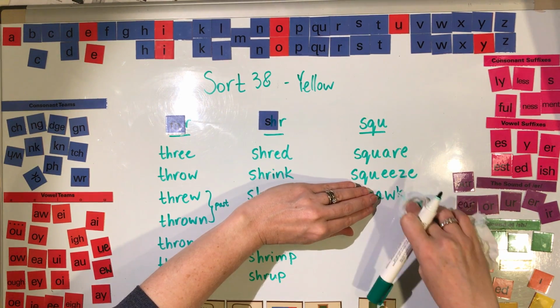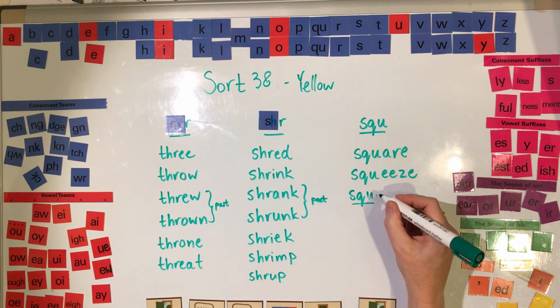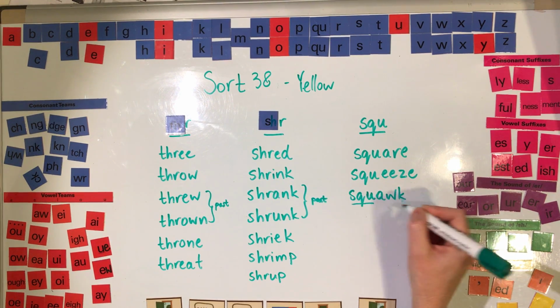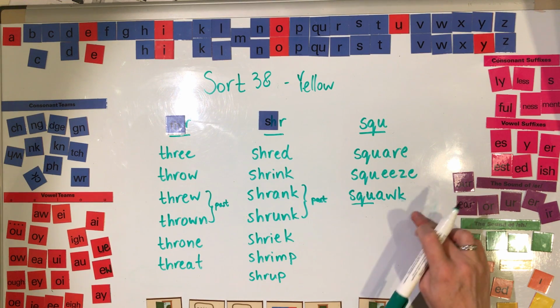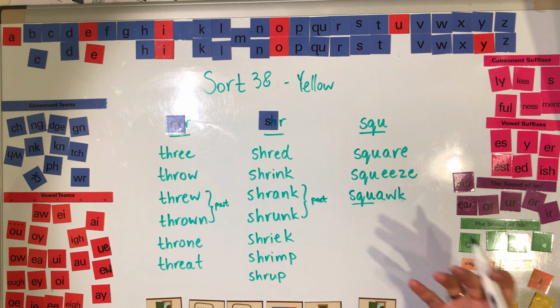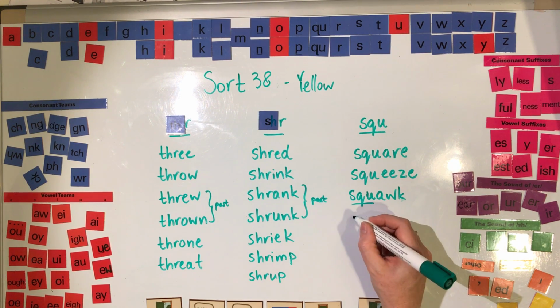But in this, I didn't mean to rub that as much out as I did. But here we've got awk. So it's really helpful if you can start to see spelling patterns and how they can be used in different words, because it will really help you get your spelling correct. And you'll be able to grab the right blend of letters to make the sounds you want in your words and have correct spelling.